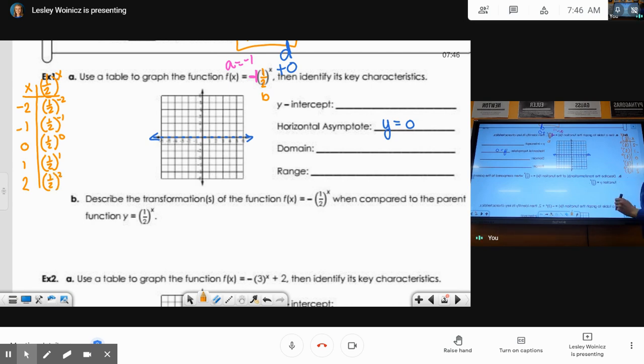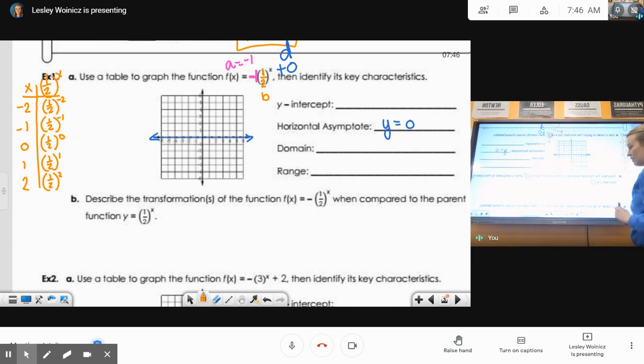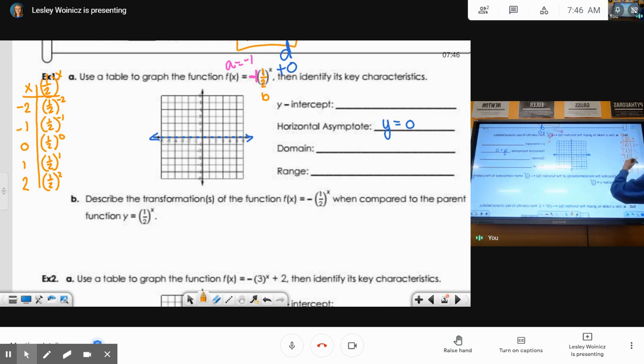Now remember that this is something that you're going to be able to do in your head, but I'm writing it out on the video so that you're not like, where'd she get that? Well, this is how. I like to start in the middle. Anything to the 0 power is 1. 1/2 to the first power is 1/2. 1/2 squared is 1/4. Now I get to do my negative powers.